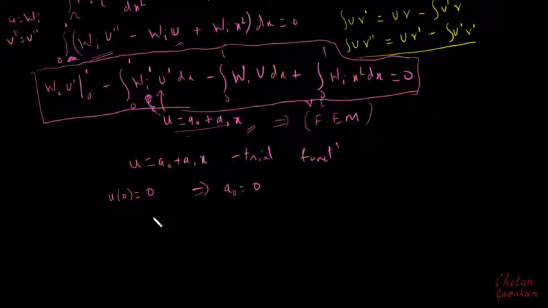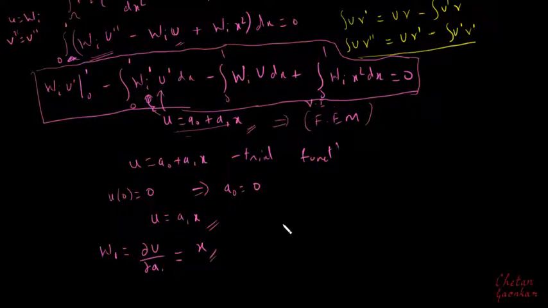Therefore our admissible trial solution will become u is equal to a1x. From here I can very well find the weighting function wi. Since there is only one variable, wi will be equal to w1, which will be nothing but du by da1, and that will be equal to x.